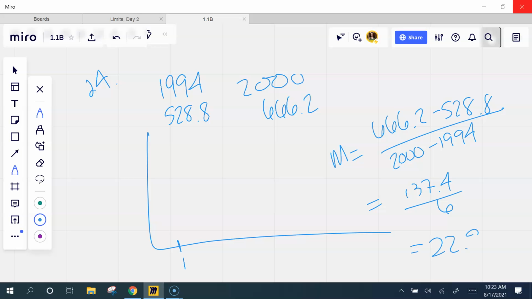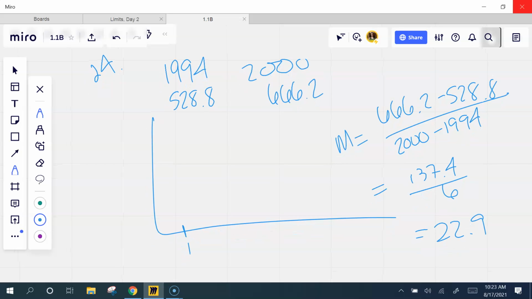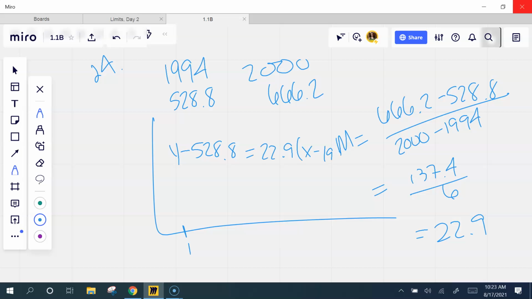Is that what y'all got? 22.9. So then y minus 528.8 equals 22.9 times x minus 1994. Did it say slope and, oh, it didn't say what form here. I would leave it there because it didn't tell me what form it had to be in.